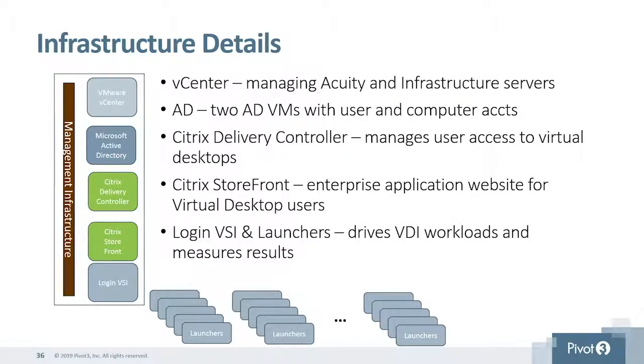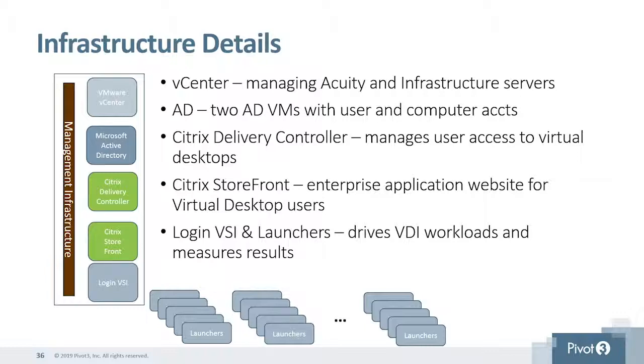Okay, the infrastructure details, a bit more detail here. vCenter is for managing the Acuity system and infrastructure servers, ESXi. The Active Directory VMs have the user and computer accounts all managed over there.